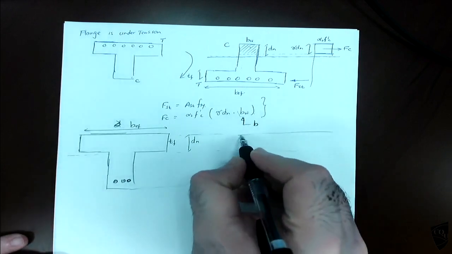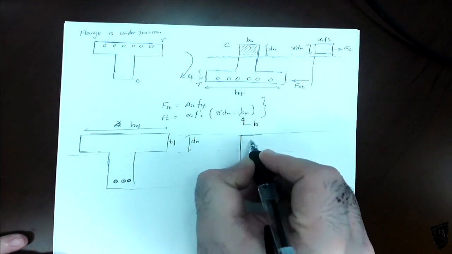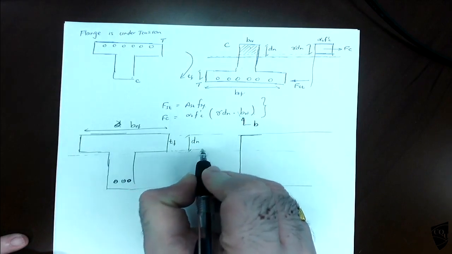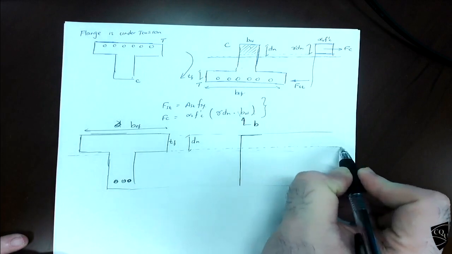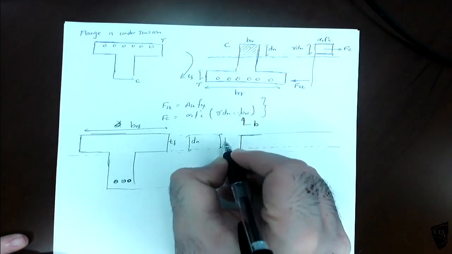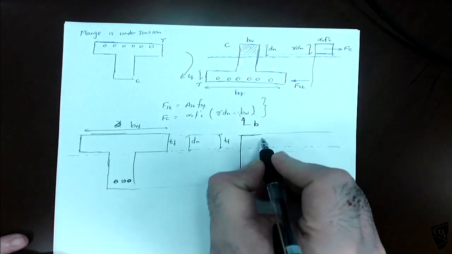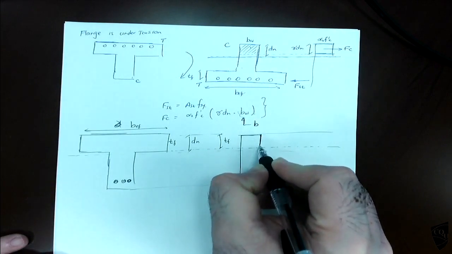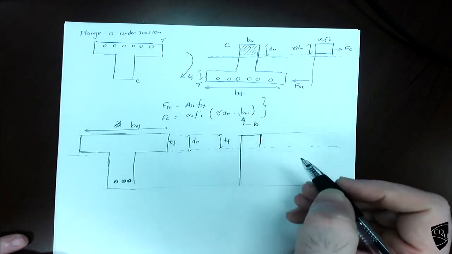So when you draw the stress block, the flange is here. This is tf.